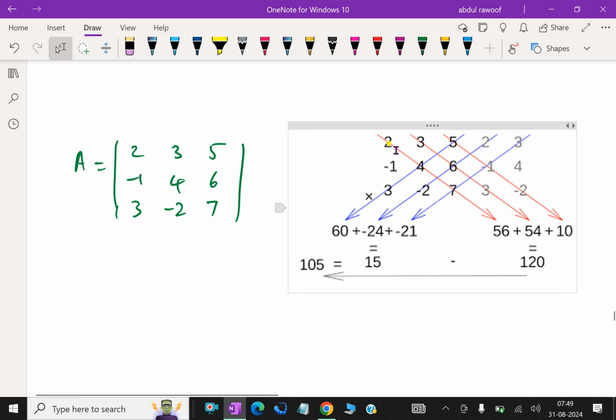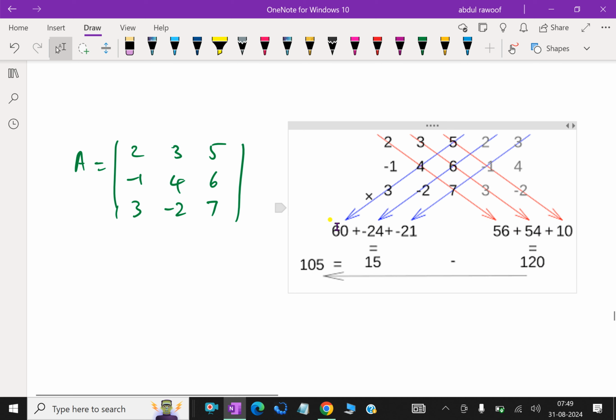First, these red arrows: 2 into 4 into 7, 2 fours are 8, into 7 is 56. 3, 6, 3: 18, 18 into 3 is 54. Third is 5 into minus 1 into minus 2, which is 10. So these are added, 120.